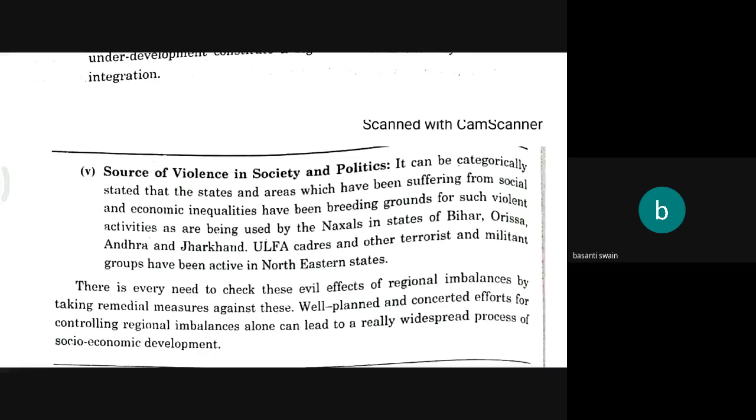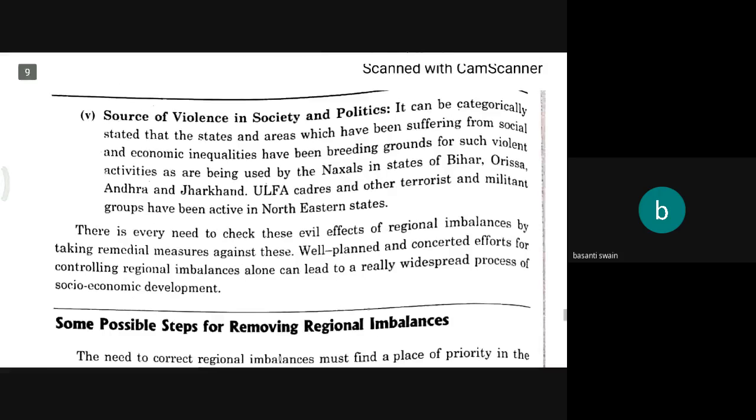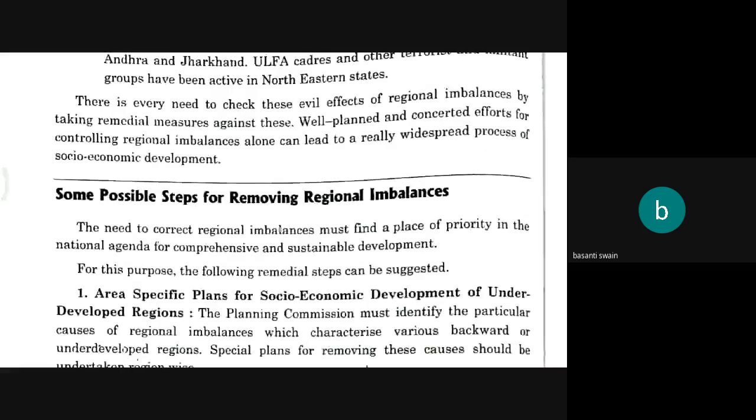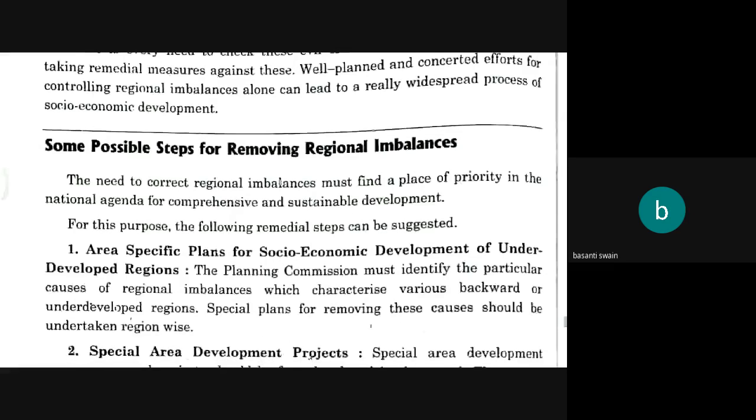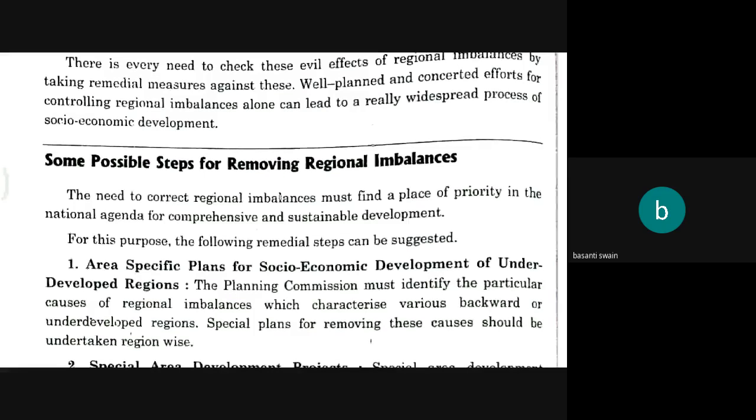How can we overcome this regional imbalance? That means how some step can be taken for regional imbalances. So, for this purpose, the following remedial steps can be taken or suggested.